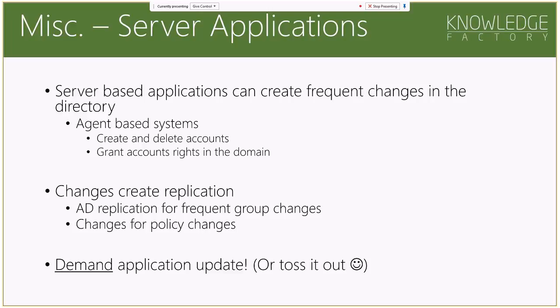And also remember that this affects the application, because if I create and delete things on a DC, it will replicate that, for example changes in policies and so on and so forth. So I say demand an application update or toss it out. If you see applications that are doing this to your environment or domain controllers, demand an application update from the software vendor, or you just say, well, I'm going to talk to some of your competitors, because from a DC perspective, your application sucks. Sorry, but that's the reality.